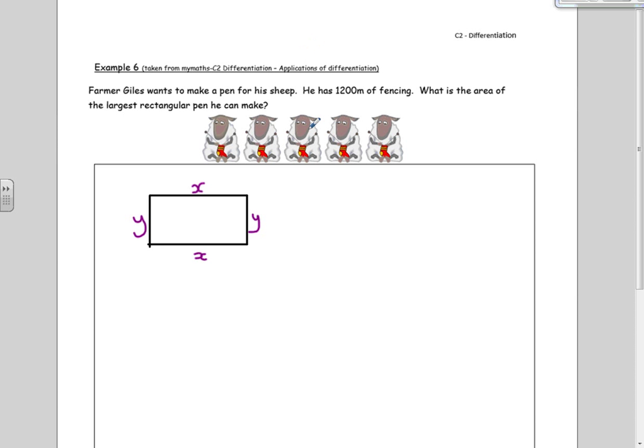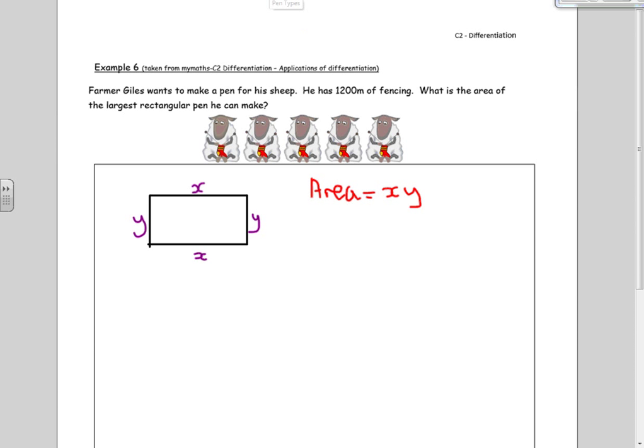So the area can be found by doing x times y. So that's what we're trying to maximise, xy.